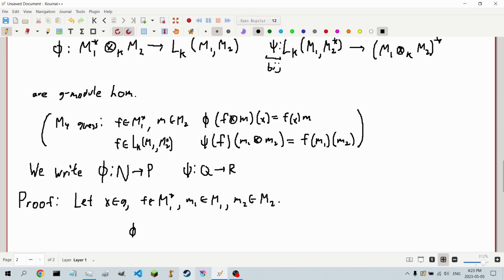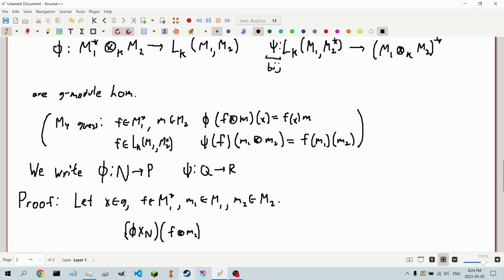Then phi of xN, so xN is x as a linear function on M1 star tensor M2, and this is going to send us to a different xN acting on our space N, members of which look like f tensor m2.